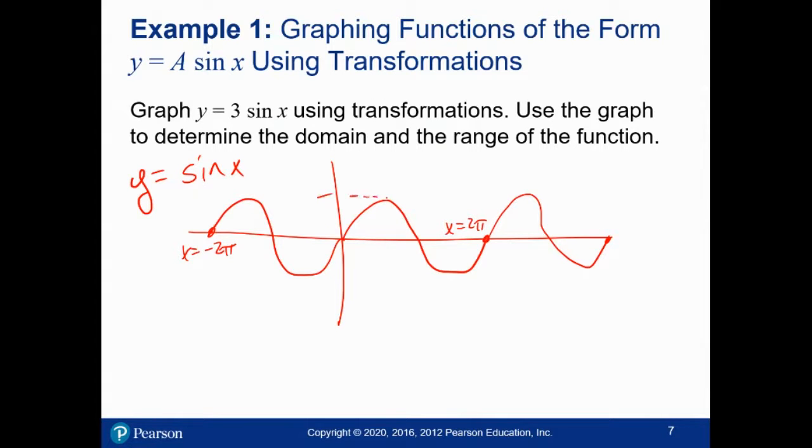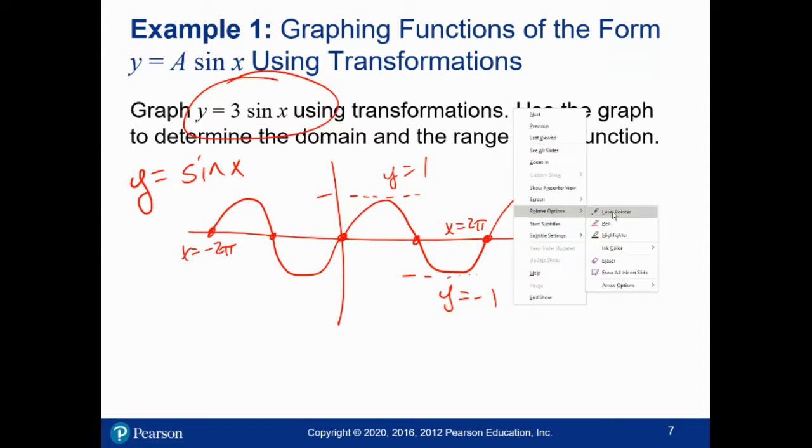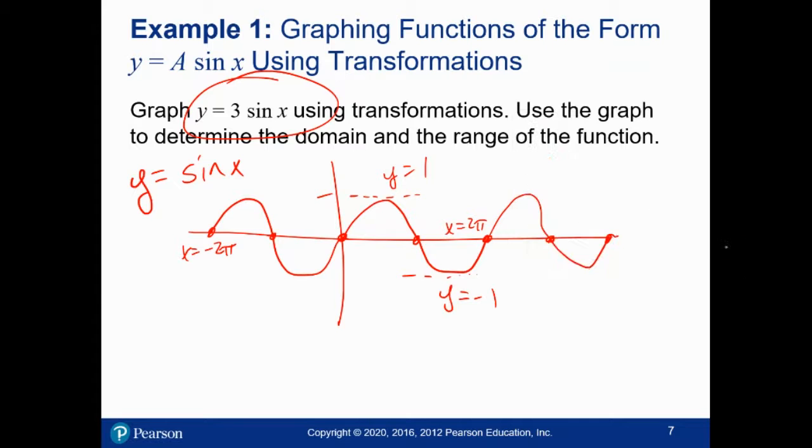I also know it has a maximum height of 1 and a minimum of -1. So what's the only transformation we need to do to this? We need to vertically stretch it by a factor of 3. And that does not change any of the intercepts. So all of these intercepts stay exactly the same, but now instead of going up to a height of 1, it's going to get 3 times as big.